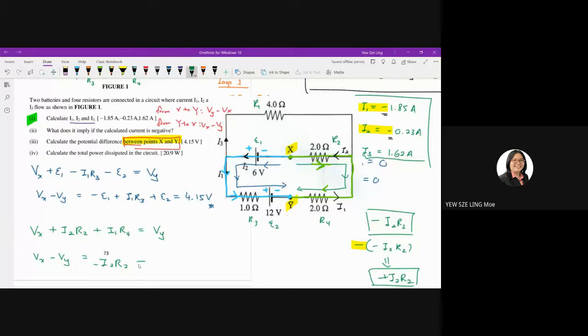Negative I2 R2 minus I1 R4 is equal to 4.15 volts. So if you got everything right, that is the final answer. Now you might ask, negative I2 R2 minus I1 R4, how can you get a positive value? That is because you have negative I1 and negative I2 just now, so negative values give a positive final answer.